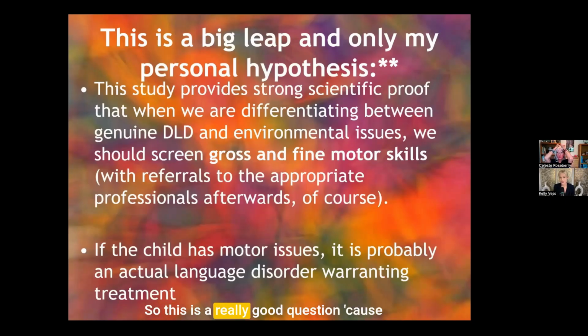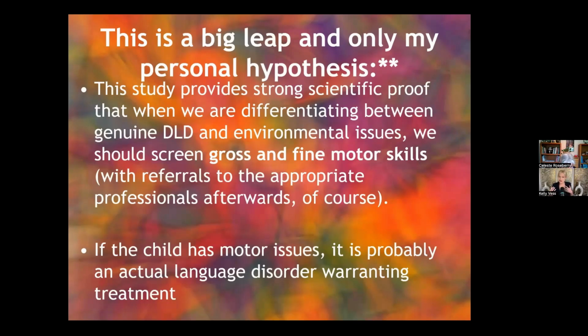Yeah, so this is a really good question because obviously we want to remain legal and stay within our ethical boundaries. So I'll say this: this examiner noted that when Ivan was given X, Y, and Z he displayed a great deal of difficulty. It is this examiner's hypothesis that he may have blah, blah, blah. This is only a hypothesis and must be treated as such until he can be evaluated by appropriate professionals.